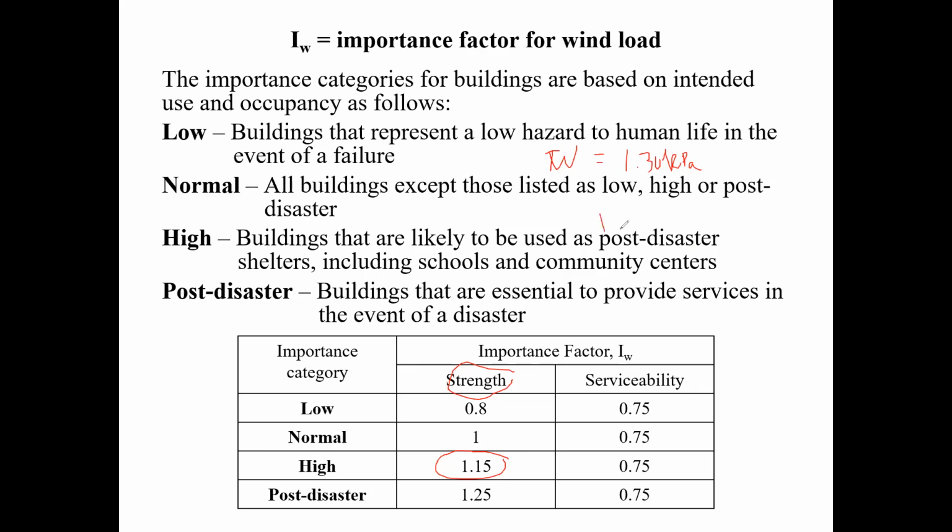No, I would take 1.30, multiply it by 0.75, and then divide it by 1.15, and that's what I would use for my serviceability. I would just be mathematically removing the 1.75 from all my calculations and replacing it with 0.75. That's what I'm doing mathematically.